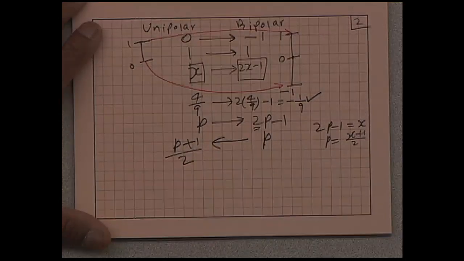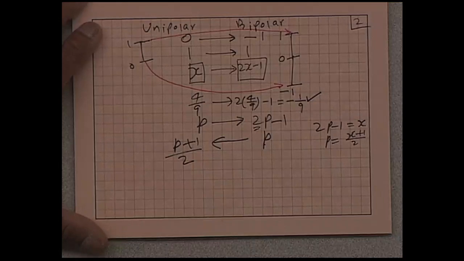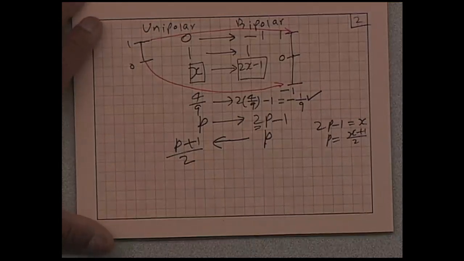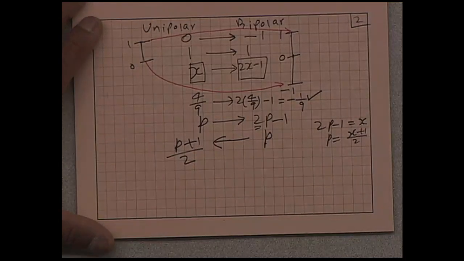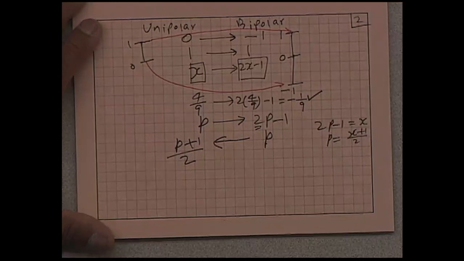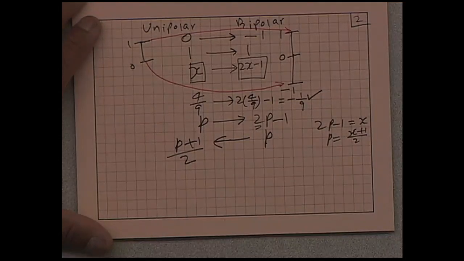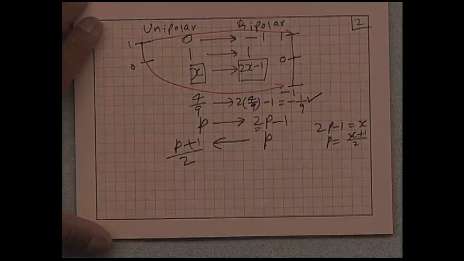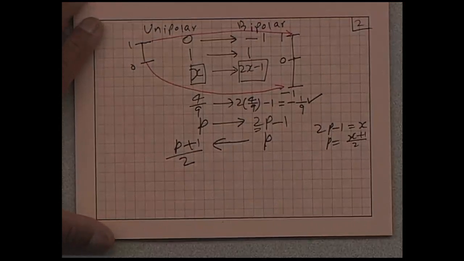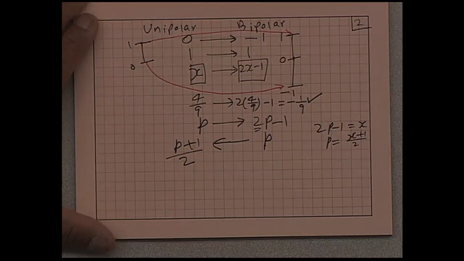A lot of the signal processing functions used to be implemented using bit serial arithmetic because there were not that many resources. So it so happens that stochastic logic is another way to implement functions using a small number of resources.